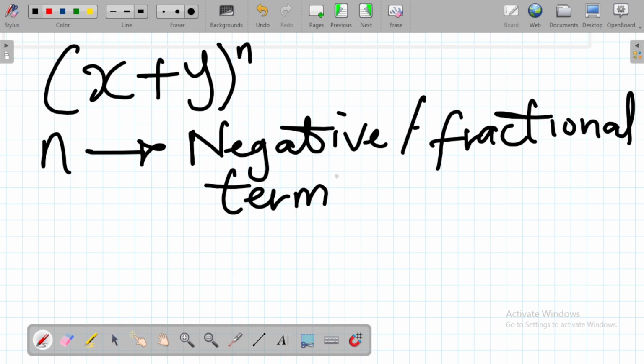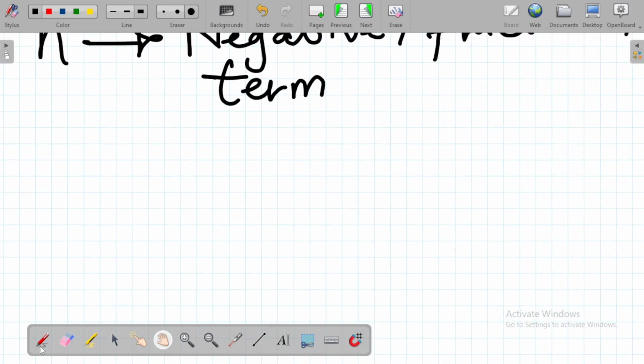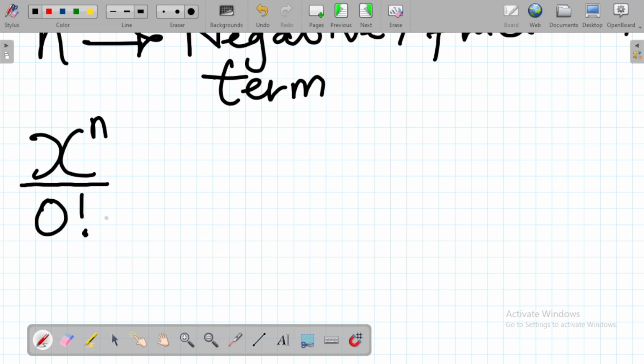Here is a simple trick. Start with the first term raised to power n and then all over 0 factorial. The first term here is x^n all over 0!.